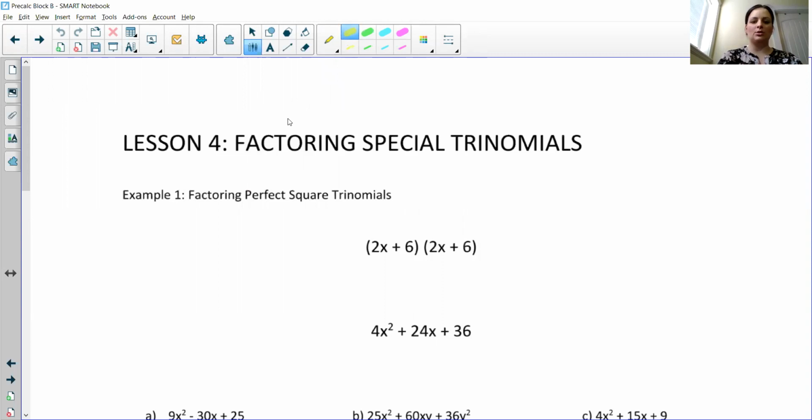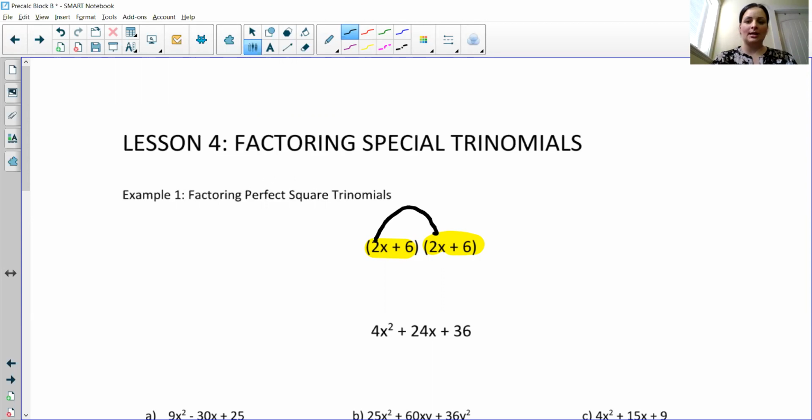about these two binomials? They're the same, right? So let's go ahead and use distributive law to show what happens when we have two identical binomials forming a product.